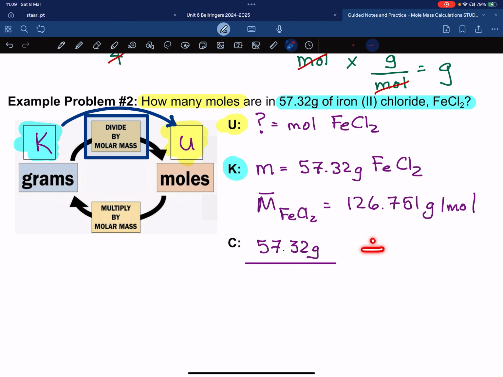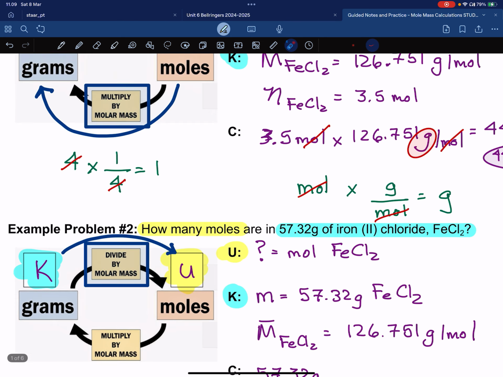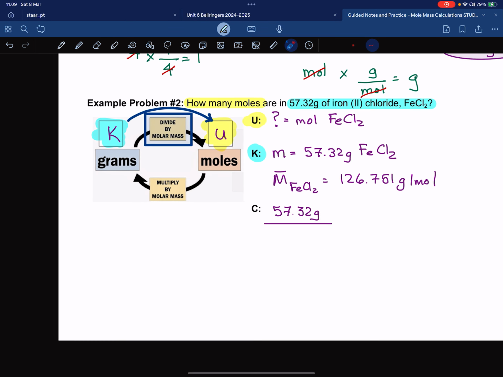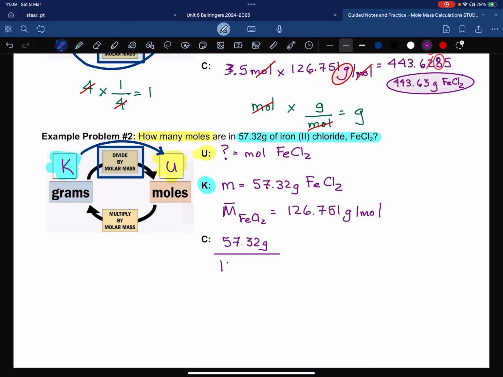We do not do this in chemistry, in the same way that we do not write 3.5 times 126.751 that way. Do it exactly the way that I show it: divided by 126.751 grams per mole. The grams will cancel, and that will leave you with moles. Moles is what I want, so we must be right.